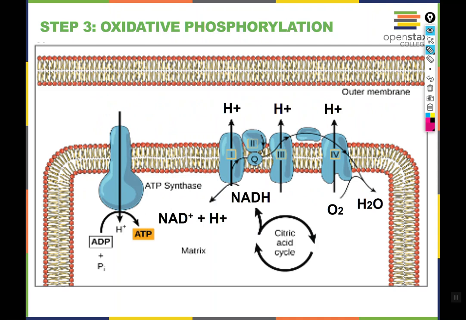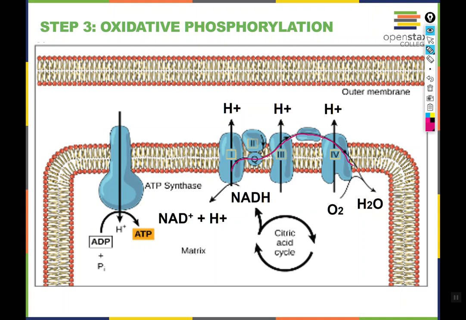So NADH is coming over here, and it's going to pass its electron to the first enzyme in this chain. So they're numbered because they go in order. This electron is going to be passed within the membrane protein complex, so it's never leaving and it's never going down here. It's staying sort of in this zone that I'm tracing with my pink marker.